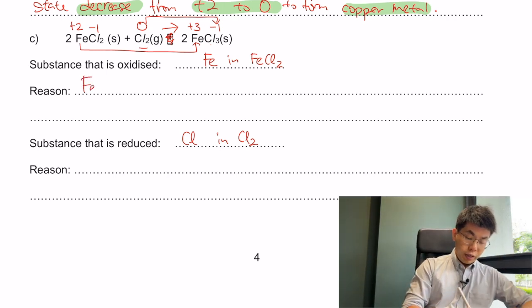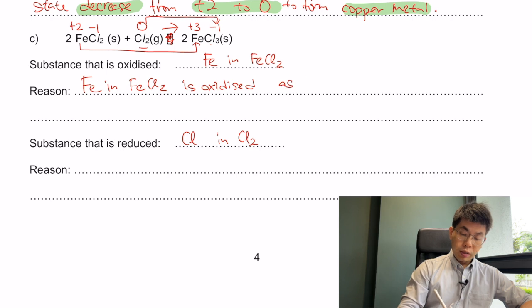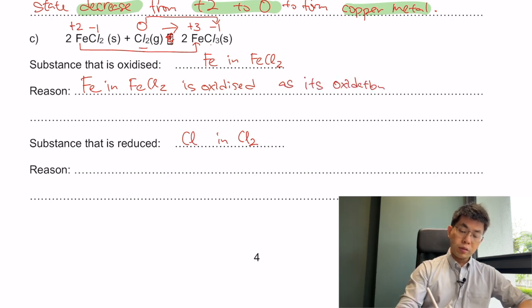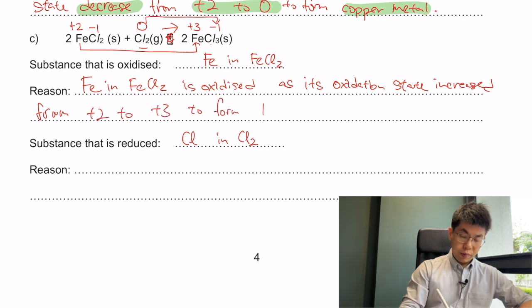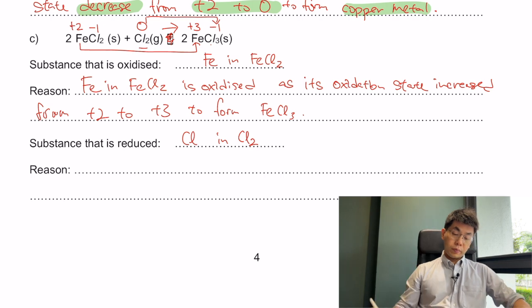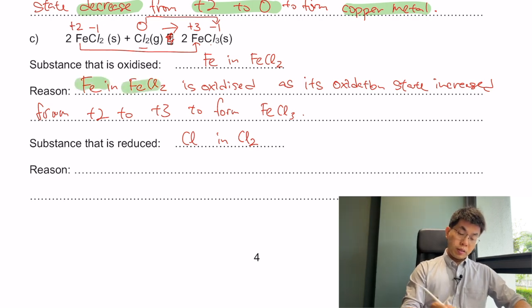We write: Fe in FeCl2 is oxidized as its oxidation state increased from +2 to +3 to form FeCl3. So the species, the reactant, oxidized or reduced, increase or decrease, starting to ending, and then the product.